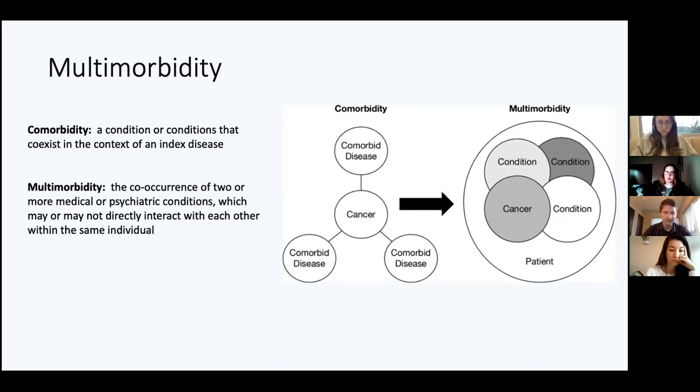This picture uses the example of cancer, but maybe a better example would be something like neuropathy or kidney disease in the context of diabetes, whereas multimorbidity would be something like heart failure, diabetes, and maybe cancer. It's helpful to parse that out a little bit, and that usually manifests itself in a problem list.